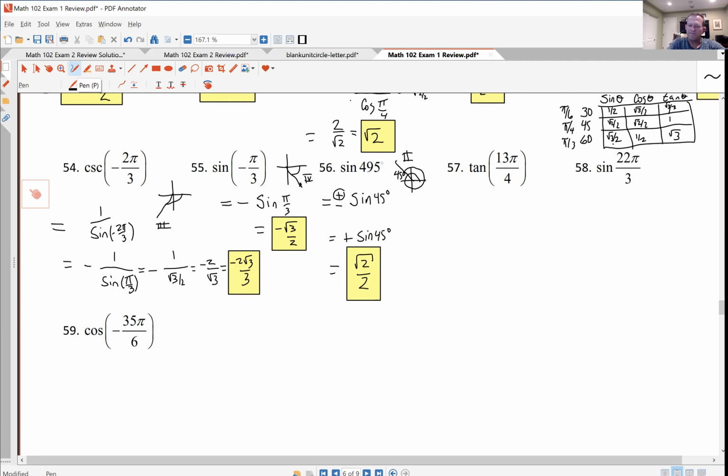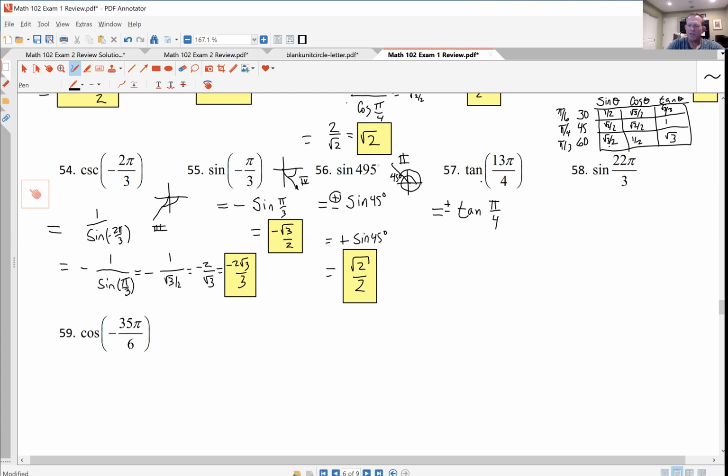13 pi over 4. In some sense, radians are easier because I know that this is a reference angle of pi over 4. I just don't know if it's going to be positive or negative until I know what quadrant 13 pi over 4 is in.